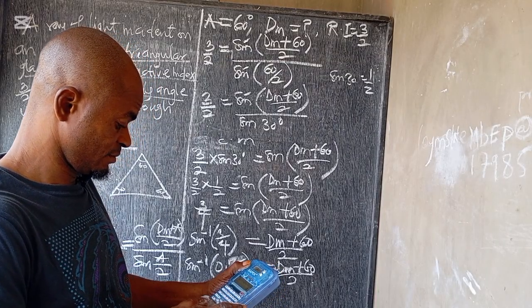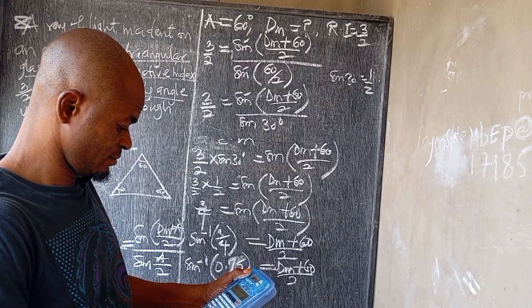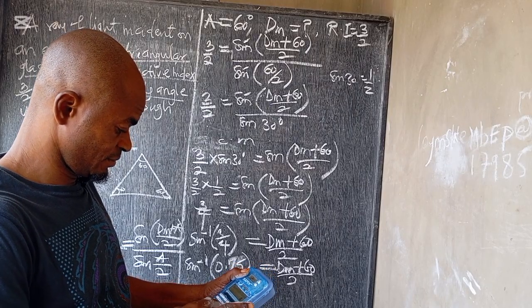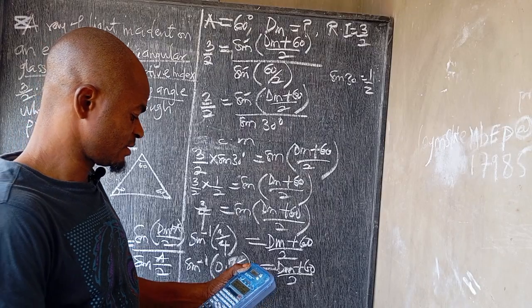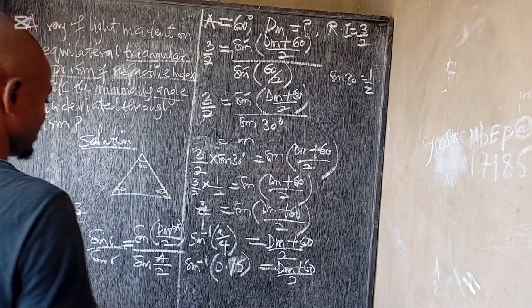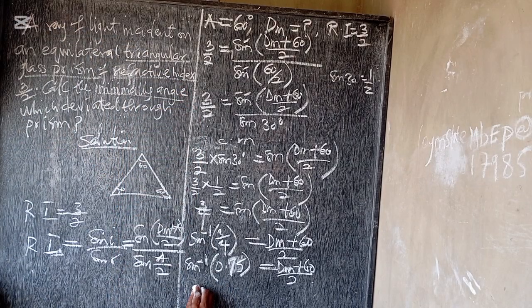Shift sine 0.75. That is 48.6. That will give us 48.6 approximately is equal to (Dm plus 60) all over 2.